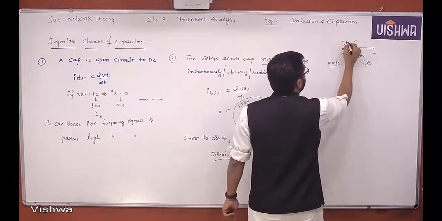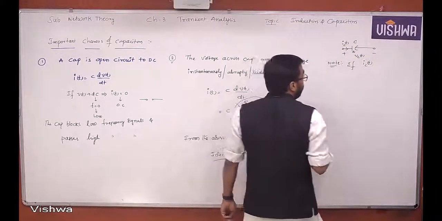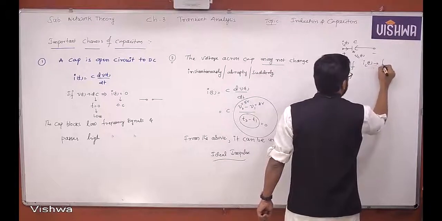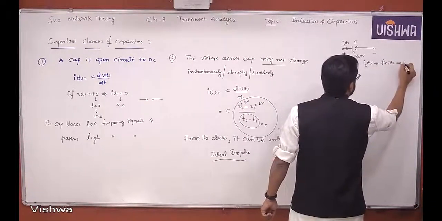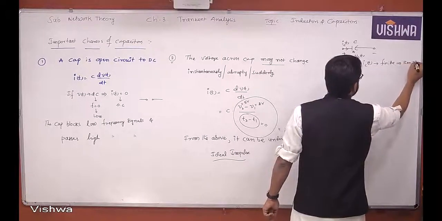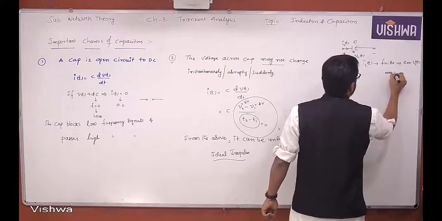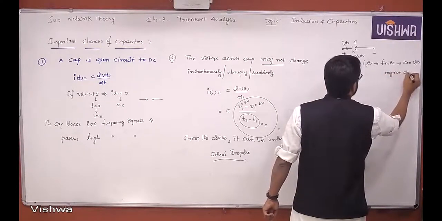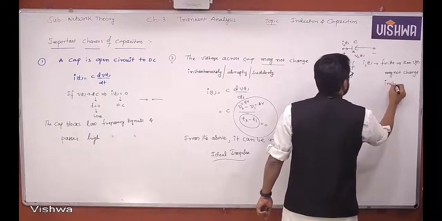This is Q. If IC of t is finite, then VC of t may not change instantaneously.